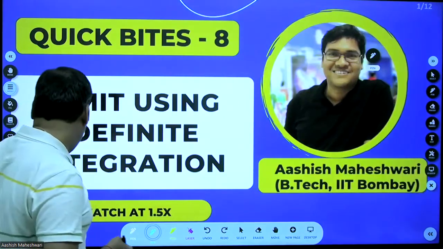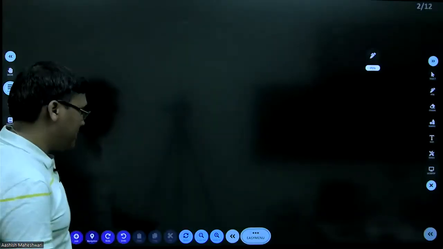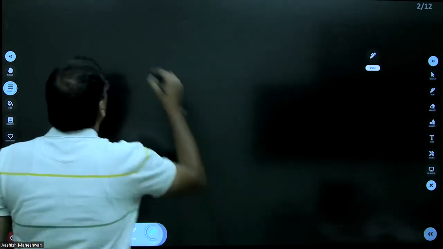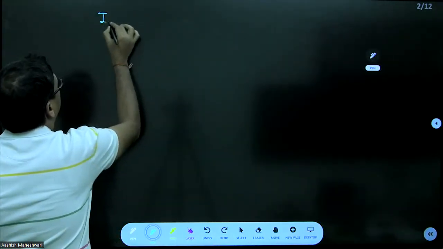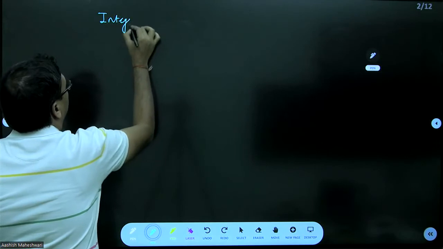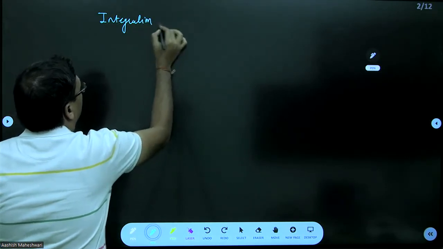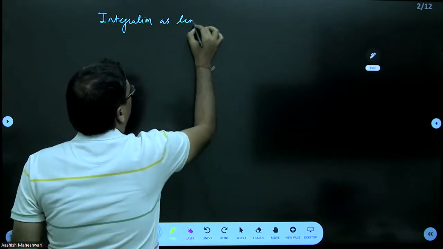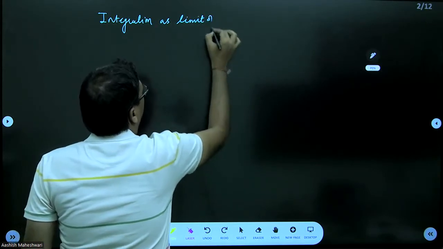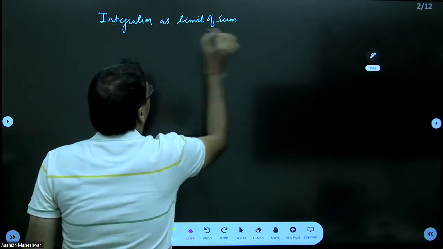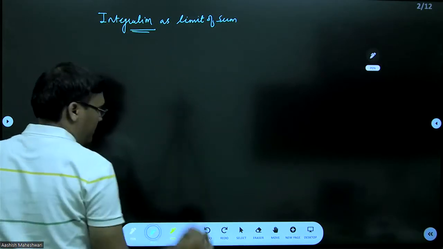I'm not going into details of the concept. You must have done a topic in integration that is called limit as a sum.